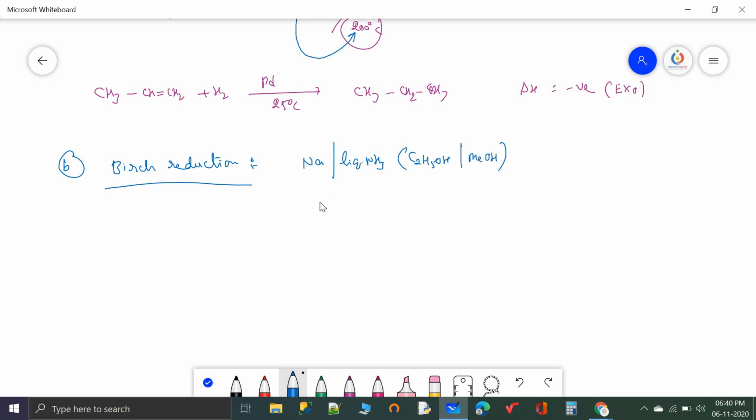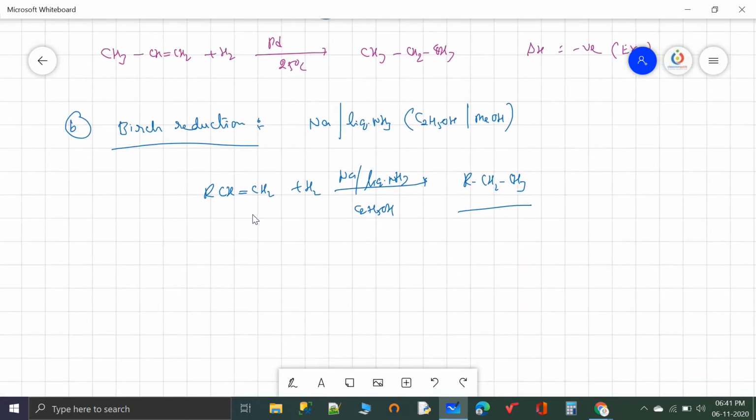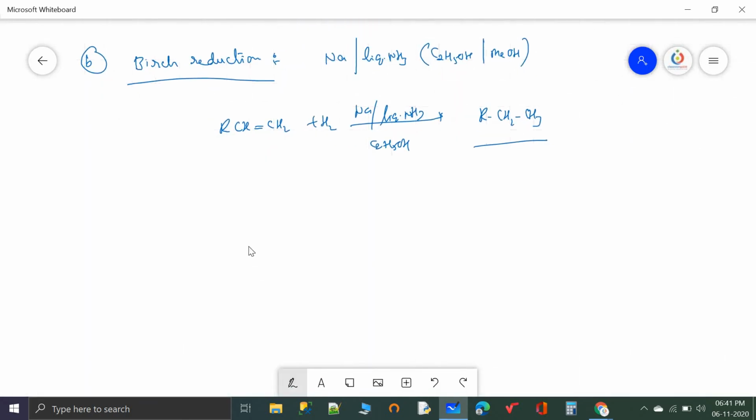So even normal hydrogen can be used, but a slightly polar solvent is required. So RCH double bond CH2 plus hydrogen in the presence of sodium in liquid ammonia and ethyl alcohol, you just get the alkane molecule.